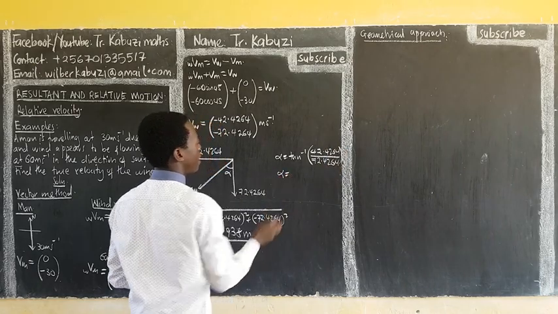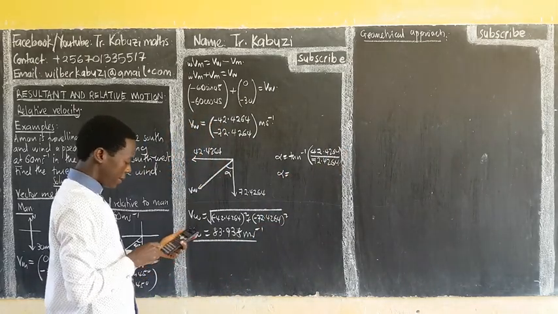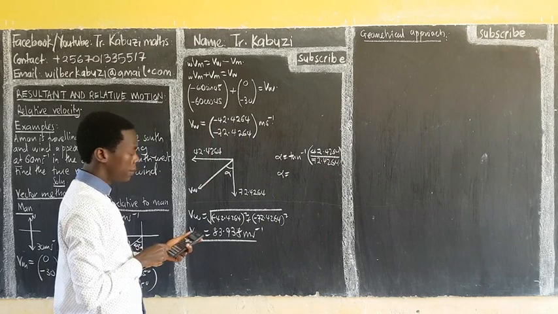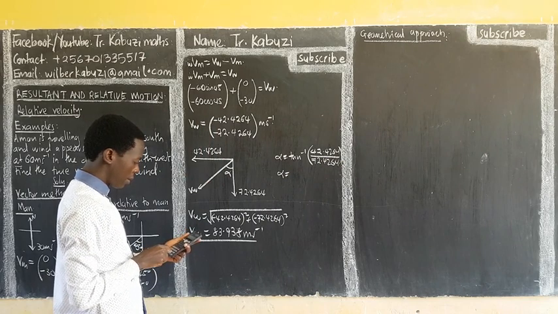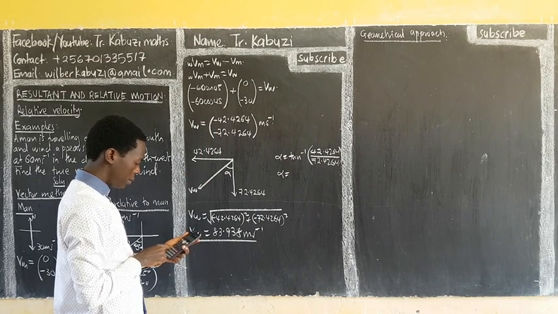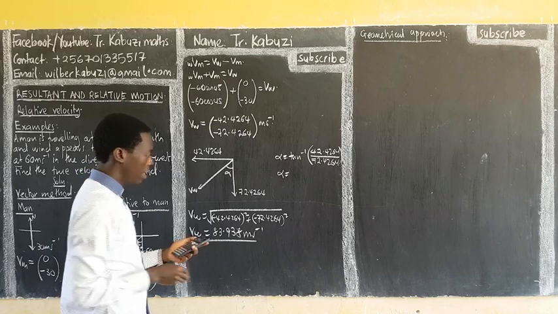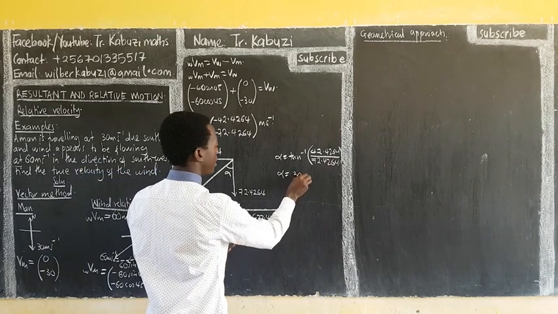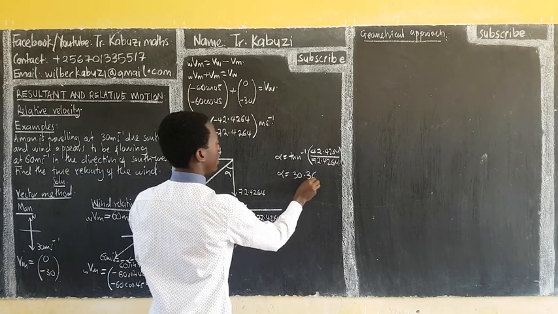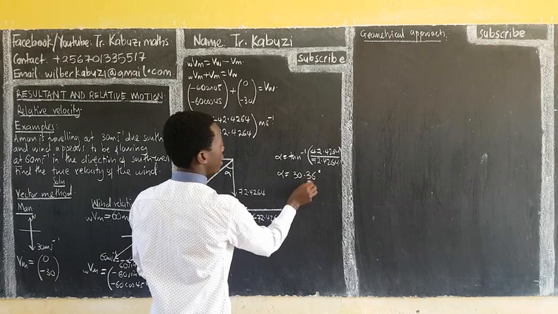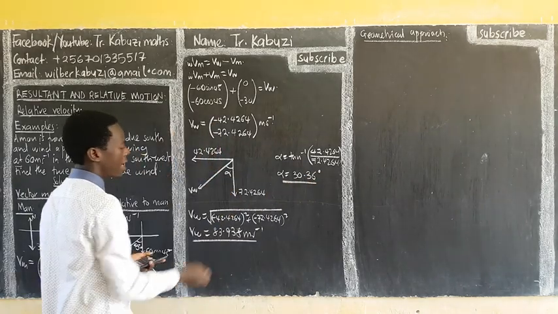And so our alpha there, here I'm getting 30.36 degrees. So now I can describe this.